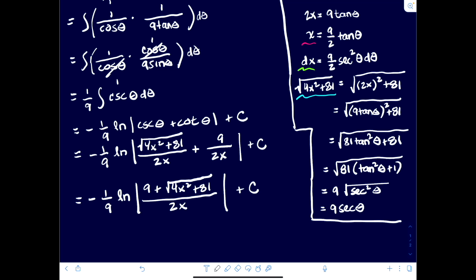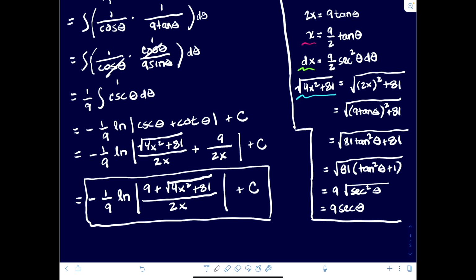And we're pretty much done. I mean, you could play around with some properties of logs, but it's not going to make this expression much nicer. So just go ahead and box your answer, and we'll be happy we're all done.